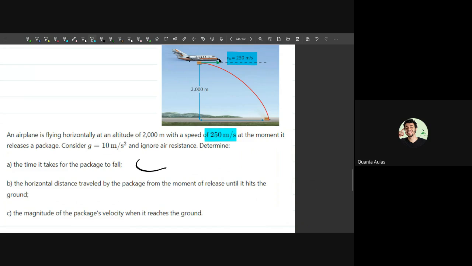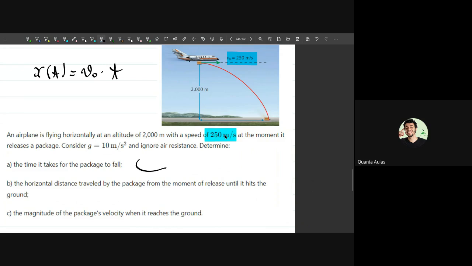So in x, the velocity is always the same, 250 meters per second. So in x we have uniform motion, right? Our equation is this.